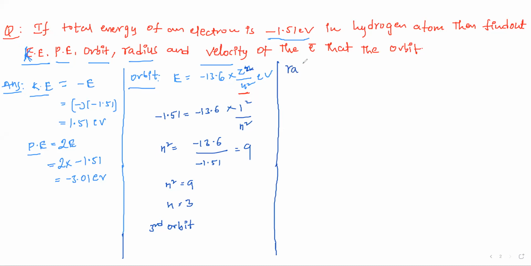Radius. What is its formula? Radius formula: R equals 0.529 into N square by Z angstroms. Okay.